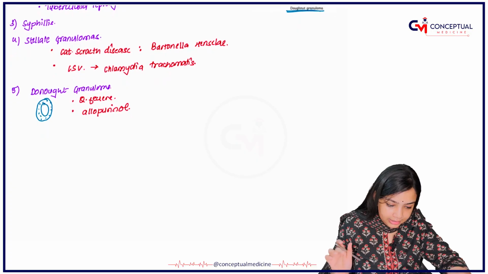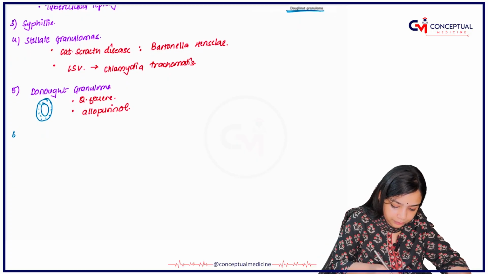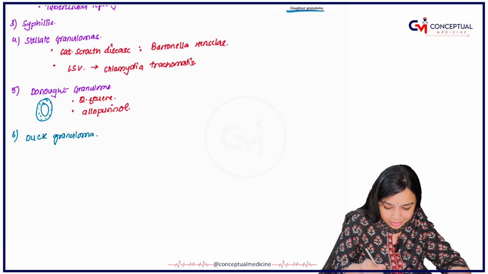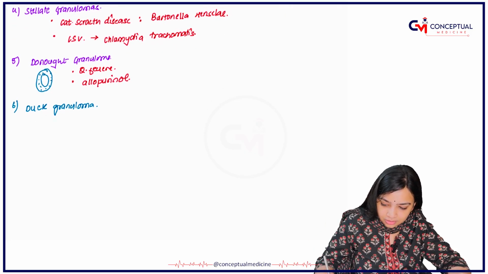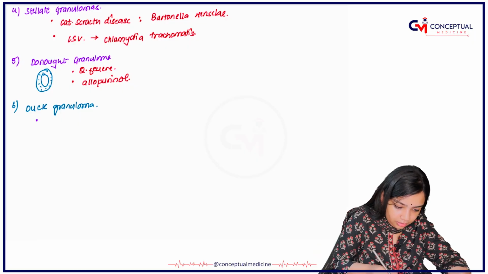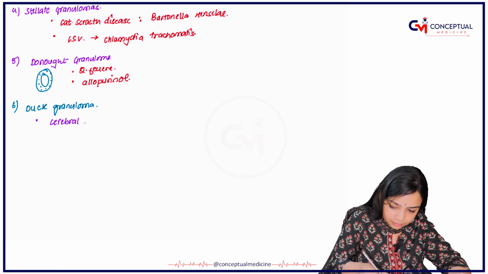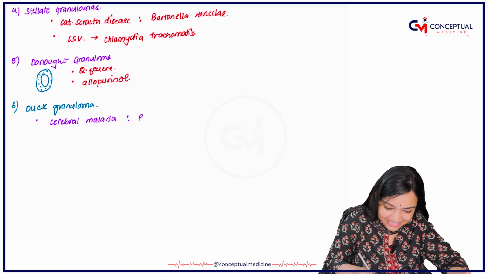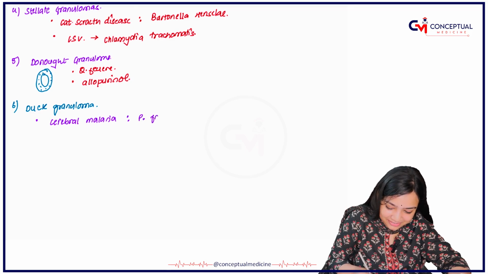Okay. Next thing that you have is about the duck granuloma. Okay, it does not look like a duck, but it's just that its name is duck granuloma, found in the cerebral malaria. And cerebral malaria is associated with the Plasmodium falciparum.